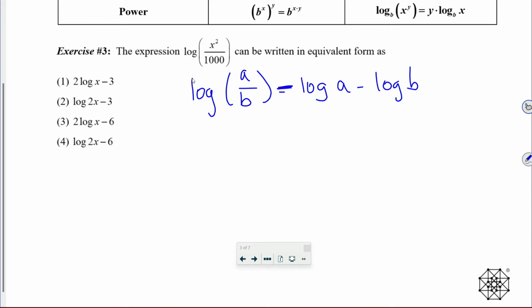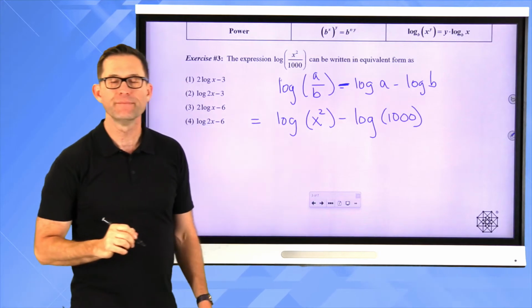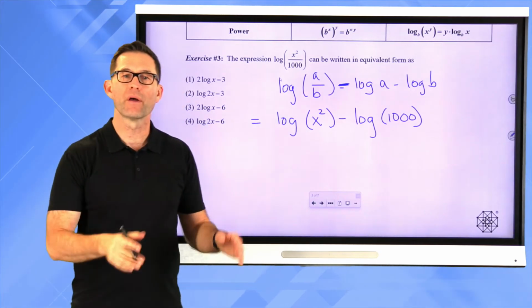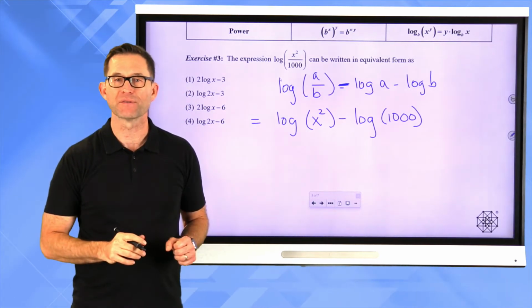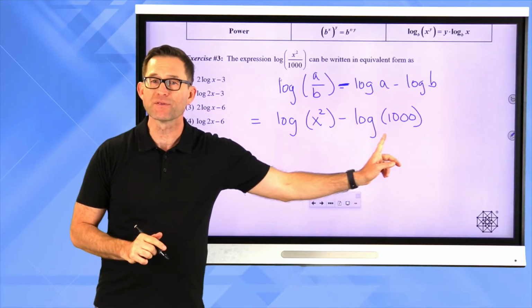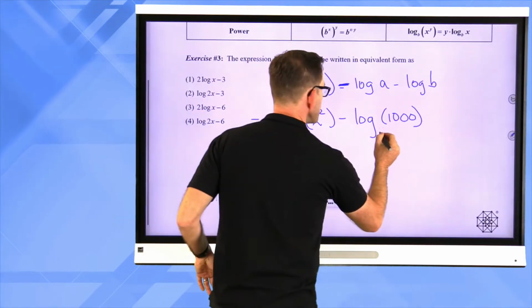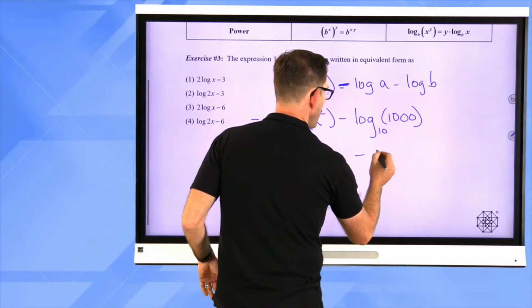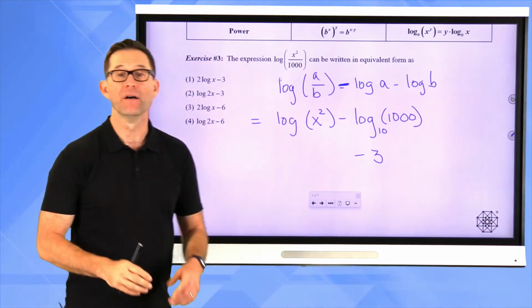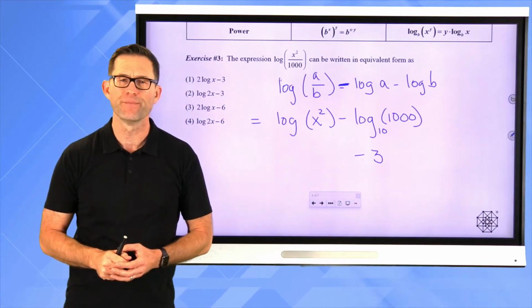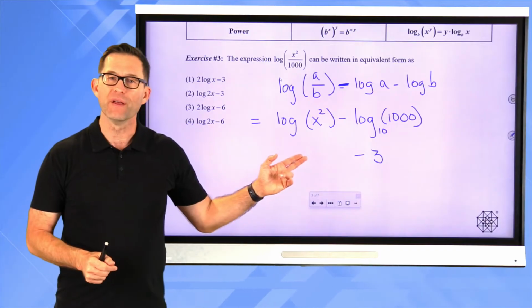So the first thing I can do here is I can say that this is going to be the log of x squared minus the log of 1,000. Okay? Log of x squared minus log of 1,000. Now, log of 1,000, because this is actually base 10, log of 1,000 is 3, because 10 to the third is 1,000. But what do I do with this?